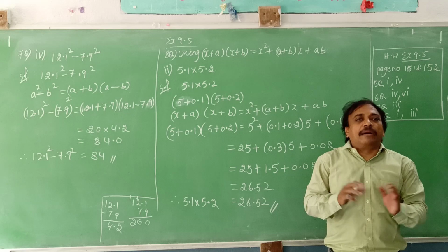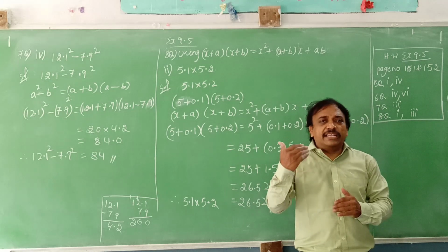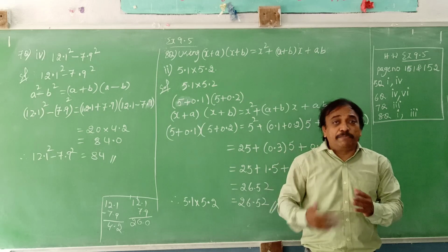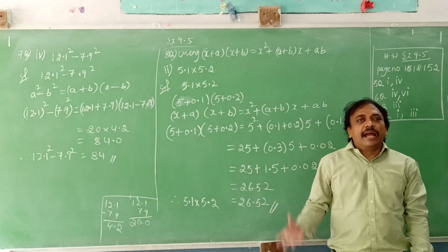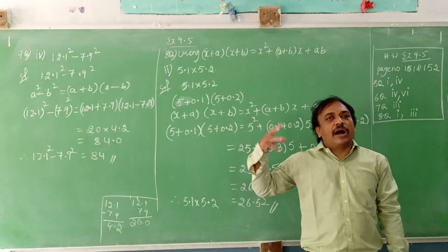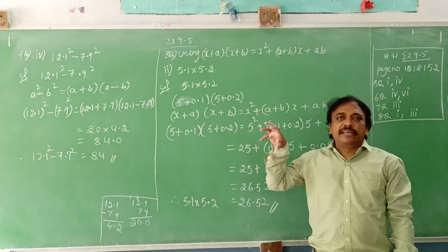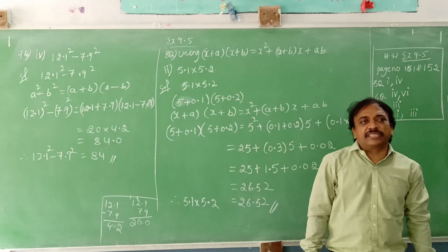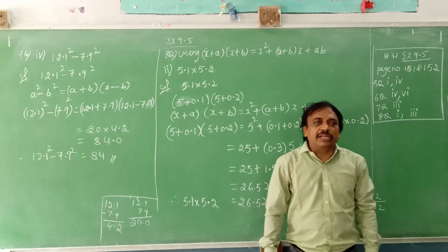In this chapter we discussed what the terms are, what the types of polynomials are, how to add and subtract, how to multiply, and the use of identities. First, what the identities are, then how to use them. So with this, algebraic expressions and identities is done. I hope you understood. Thank you.